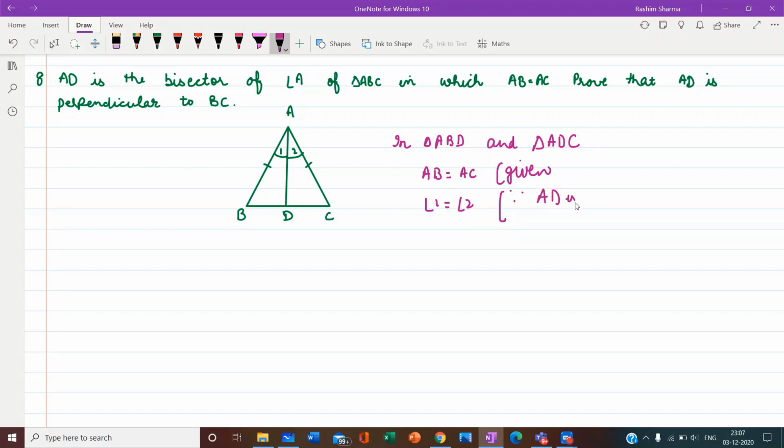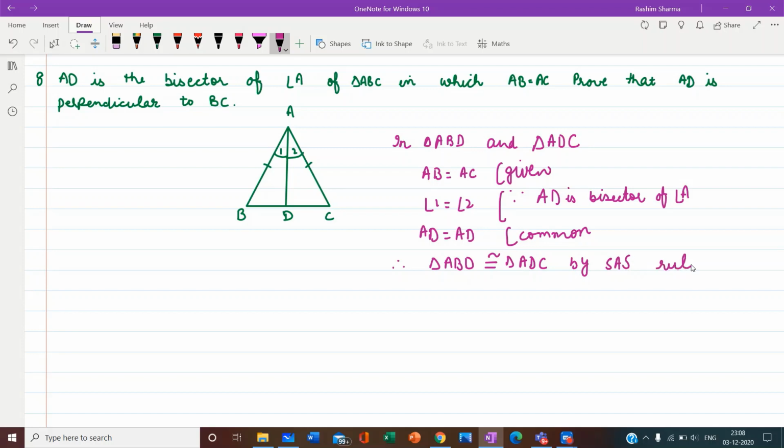Because AD is the bisector of angle A. Third, we have AD is equal to AD, common. Therefore, triangle ABD is congruent to triangle ADC by SAS rule. The angle is included in these two sides.